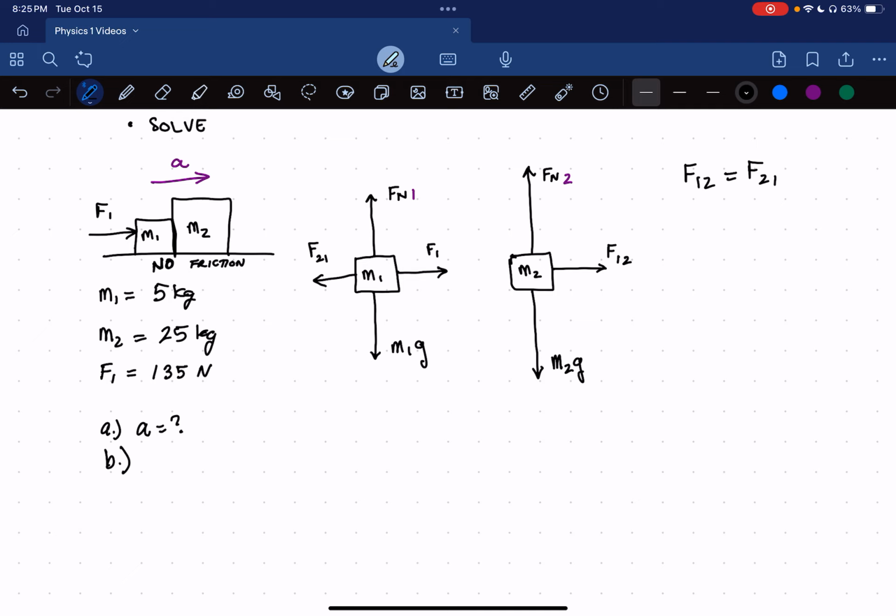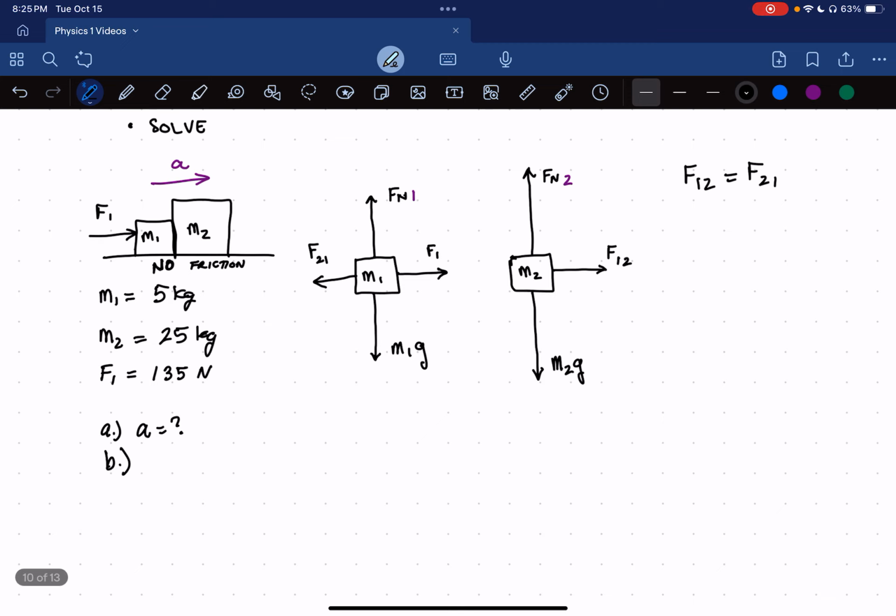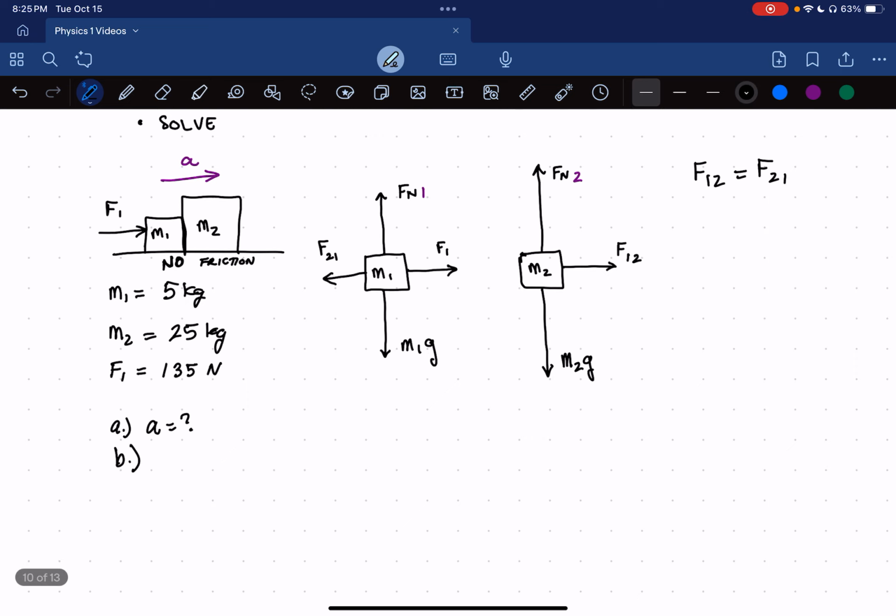For this situation, we don't care about the normal force. We know that Fn1 is equal to m1g, and Fn2 is equal to m2g because there's no acceleration vertically. So we're going to write two equations.